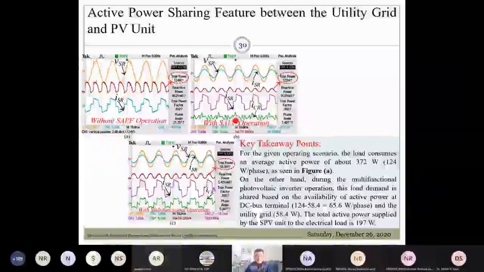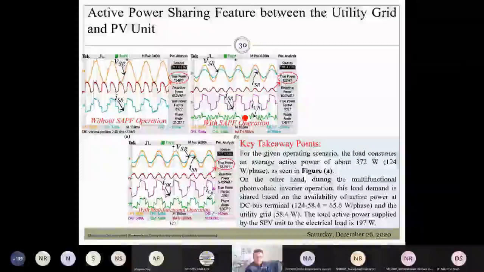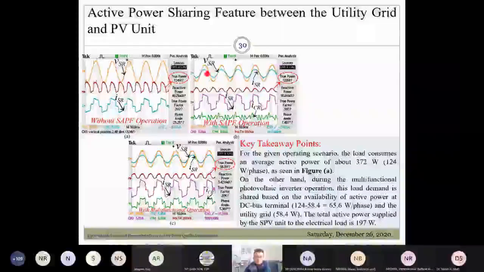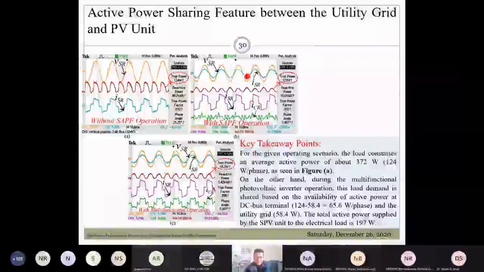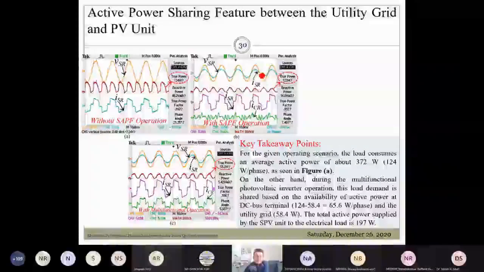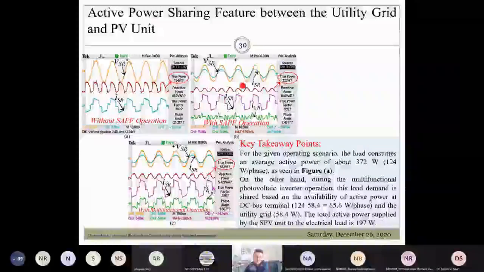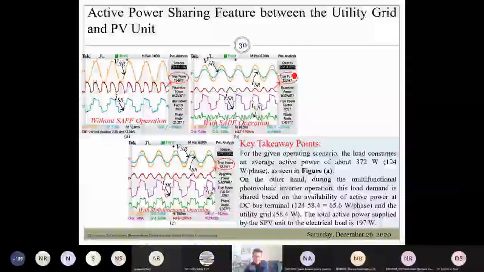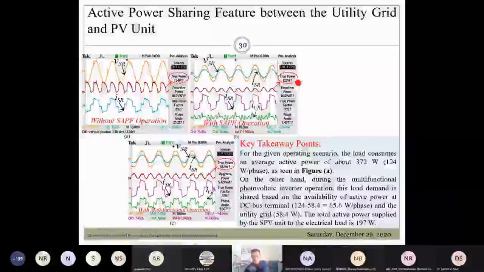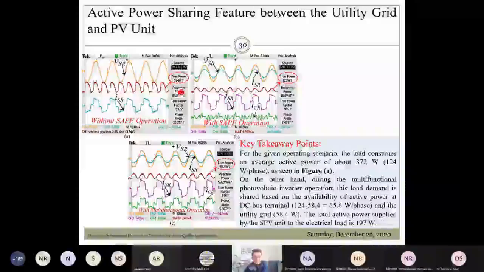Now, during the shunt active power filter operation, the grid current turns out to be sinusoidal. Again, the native power output from the renewable energy sources is 0, so the active power supported by the utility grid is 123 watt per phase, similar to the earlier case.